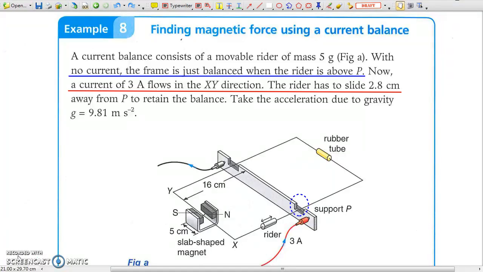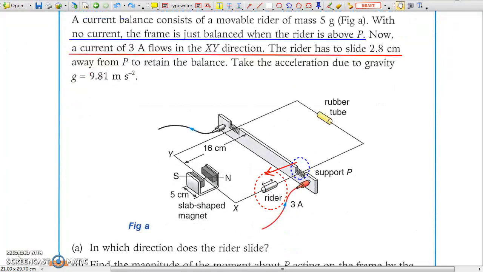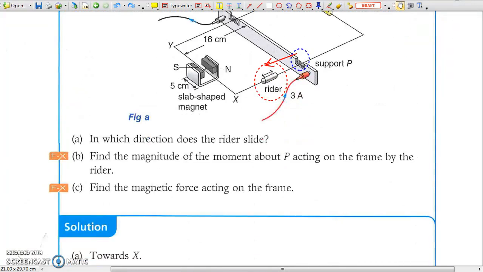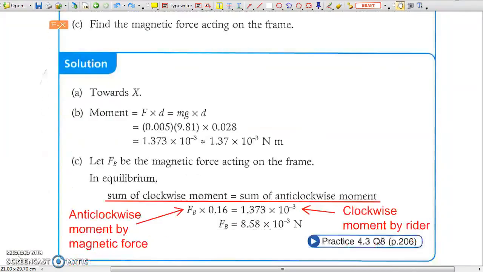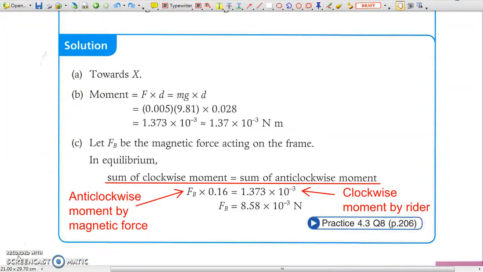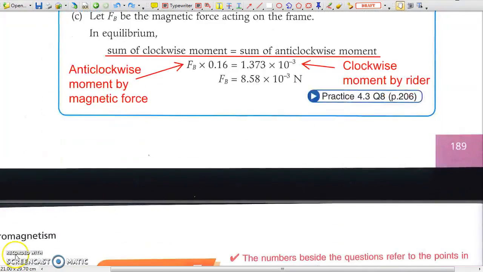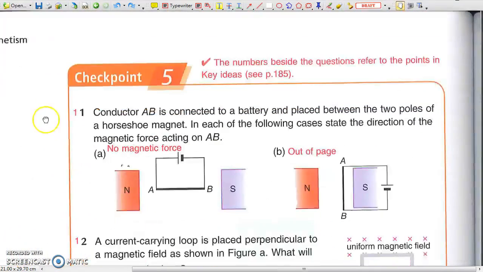When current flows and there is an induced magnetic force, the rider has to move towards X. Then the rectangular coil is balanced again, when the moment produced by the rider balances the moment produced by the magnetic force. Do check point 5 on the next page.